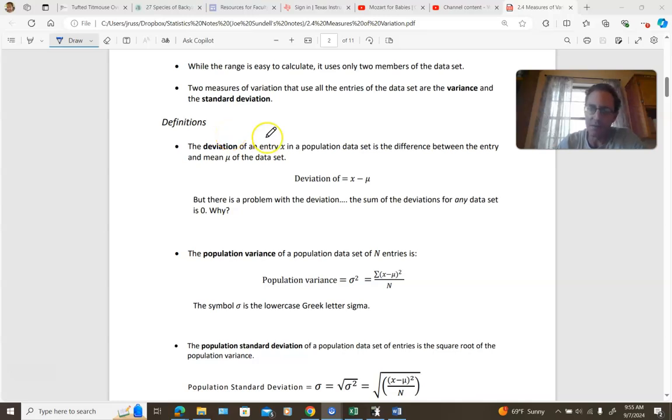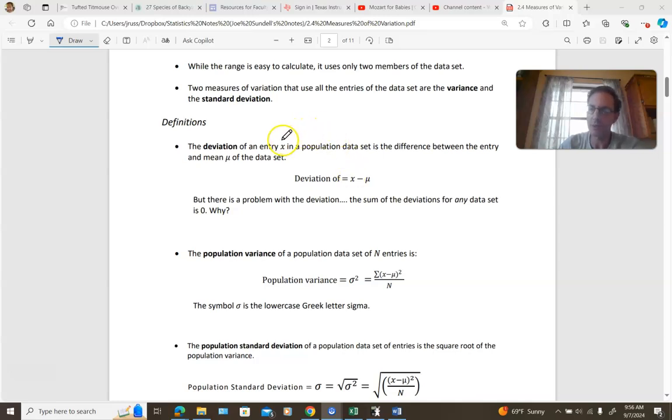It's basically the difference from that particular value to the mean of the data set. Now, we're starting off talking about a population here. So these Greek letters that we're going to be using denote parameters of a population. That's what a parameter is, if you guys recall.